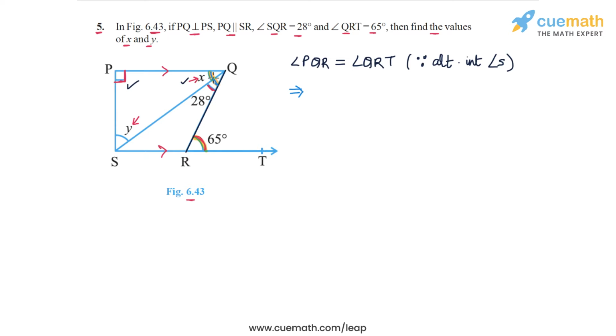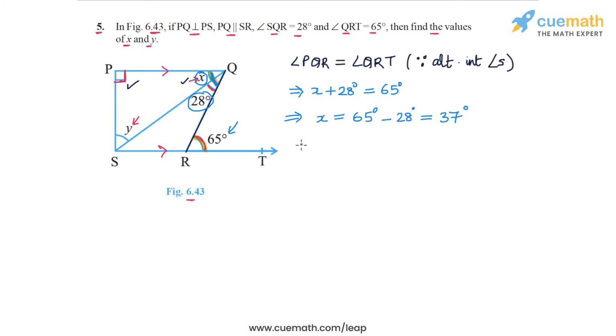PQR, this whole angle, is actually the sum of two angles. It is the sum of X and 28 degrees. So PQR can be written as X plus 28 degrees, and this is equal to QRT, which we know to be 65 degrees. So X is simply 65 minus 28, which is equal to 37 degrees. So we found the value of X.